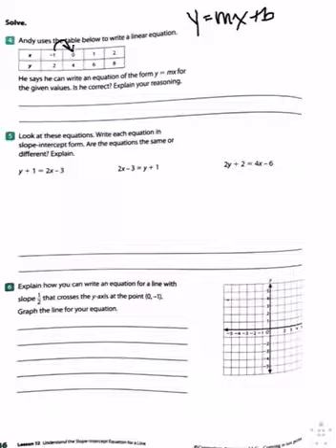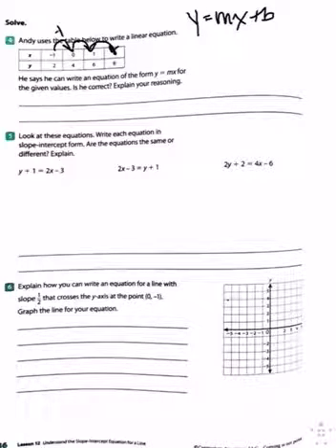Number 4. Andy uses the table below to write a linear equation. He says he can write an equation of the form y equals mx for the given values. Is he correct? Explain your reasoning. So, first we need to write our own equation. In our form y equals mx plus b, m is the slope and b is the y-intercept. Our slope from the table is found by figuring out how much we're changing by.